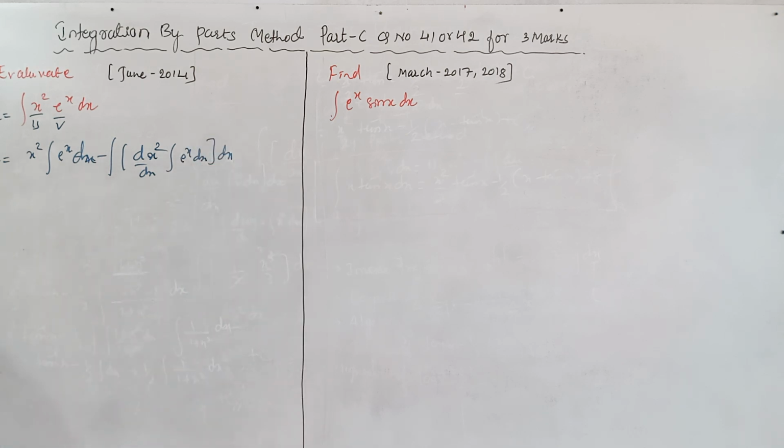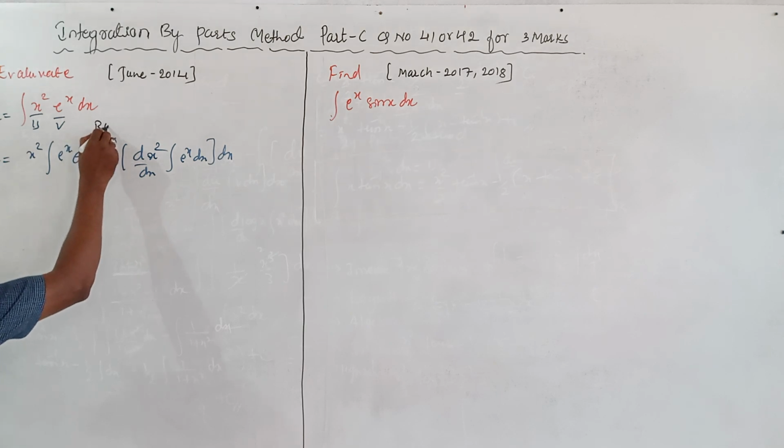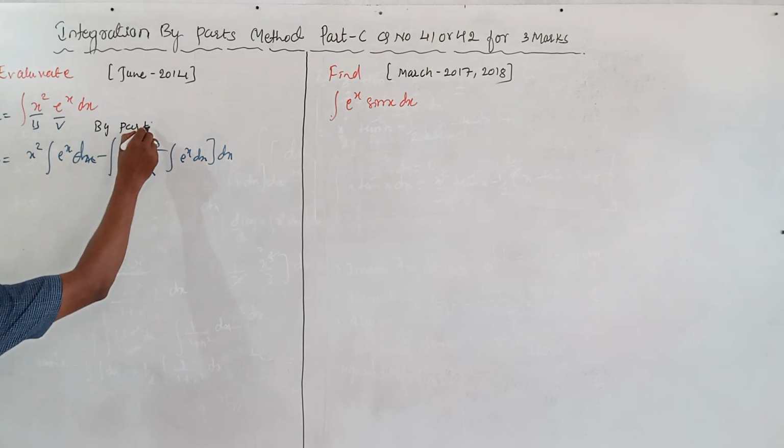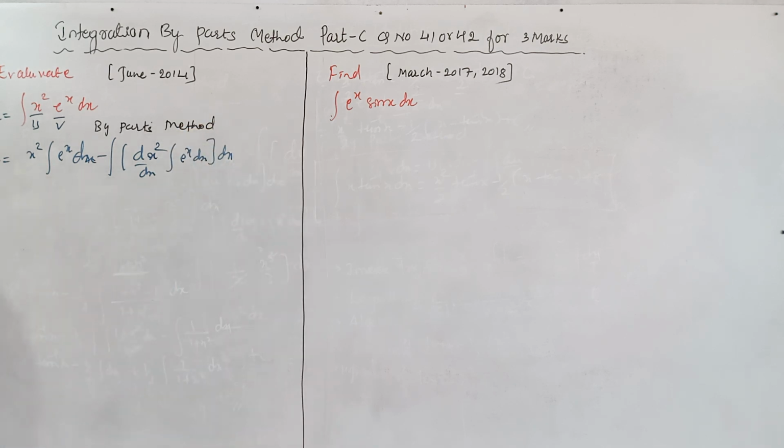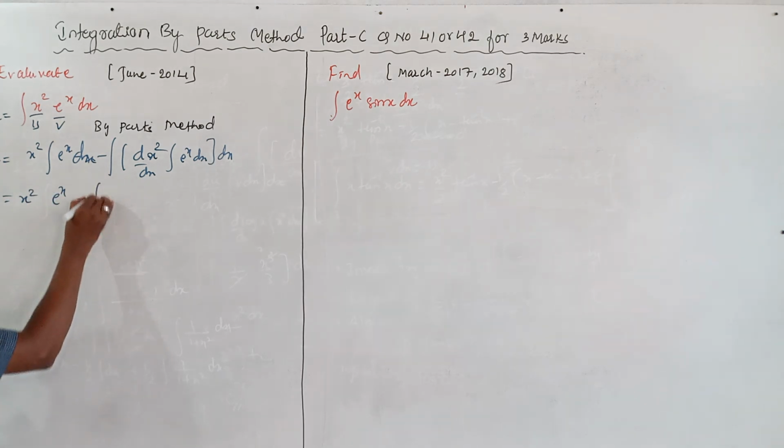What we did here is the by parts method. According to the parts method, we are writing it so. The given integral I is equal to x square as it is, integration of e raised to x is e raised to x, minus, the derivative of x square is 2x.